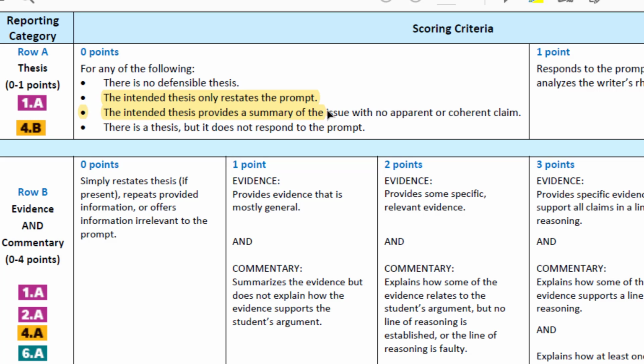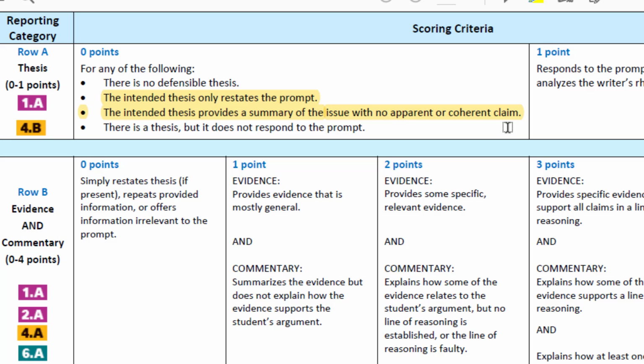It's absolutely critical that you have a thesis that is believable, that is clear, that does not simply restate the prompt. You want to avoid the exact language of the prompt.